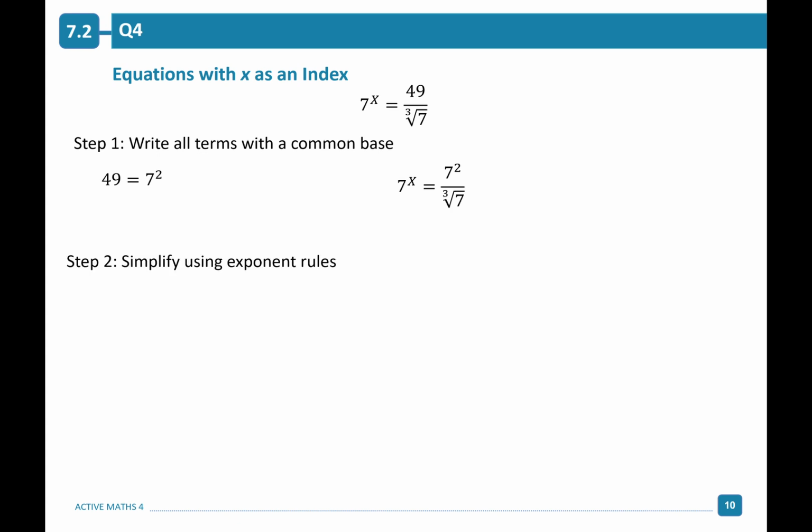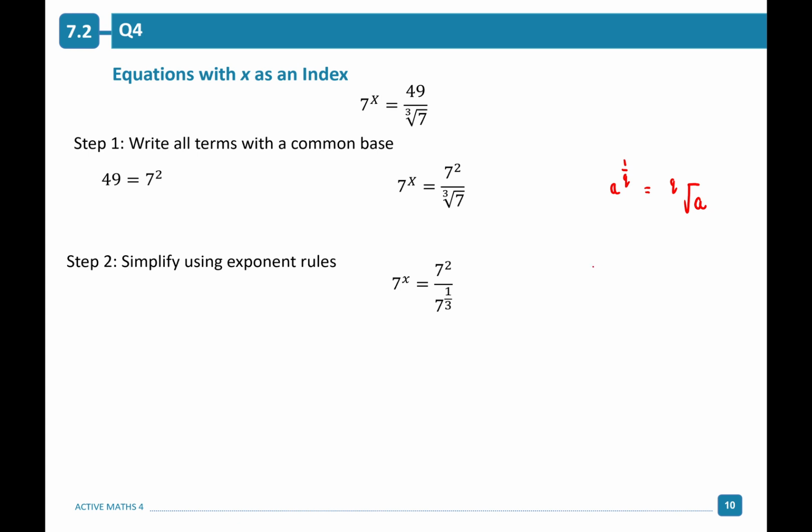Step 2. Simplify using your exponent rules. So we now want to simplify this using our exponent rules. Starting off with rule 6, we know that a to the power of 1 over q is equal to q root a. So I can change my cube root 7 into a third. This gives us 7 to the power of x equals 7 squared divided by 7 to the power of a third.